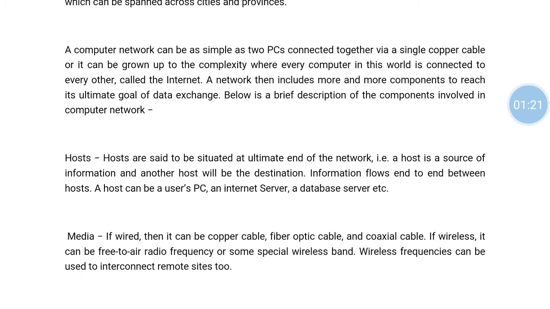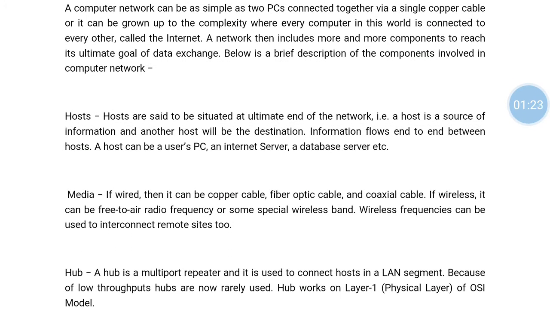So these are some important components of a network. Hosts are the outer points, the outer nodes of the network. Medium can be wired, with copper cable, fiber optic cable, and coaxial cable, and medium can be wireless also.